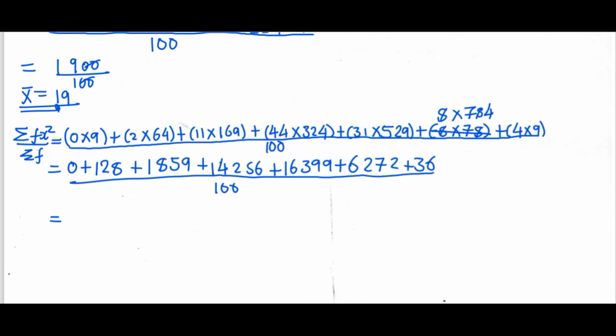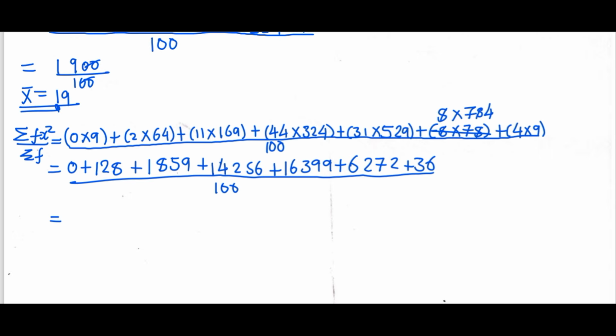So 128 plus 1859 plus 14,256 plus 16,399 plus 6,272 plus 36.